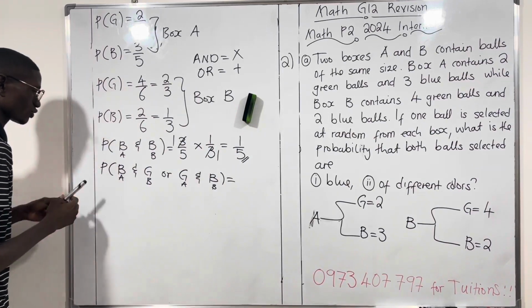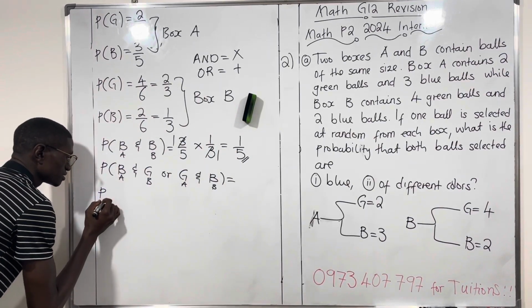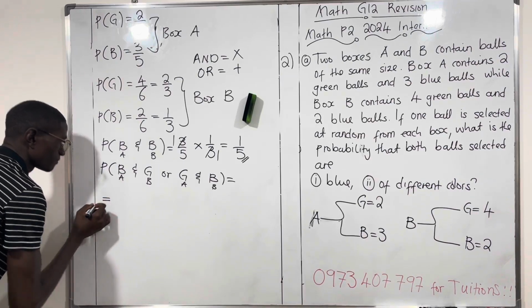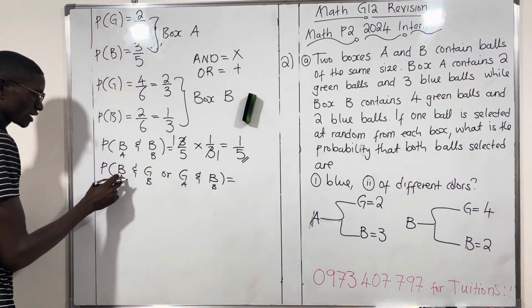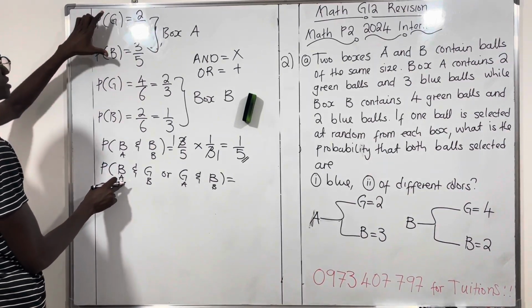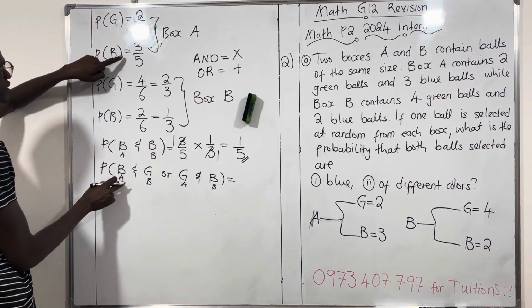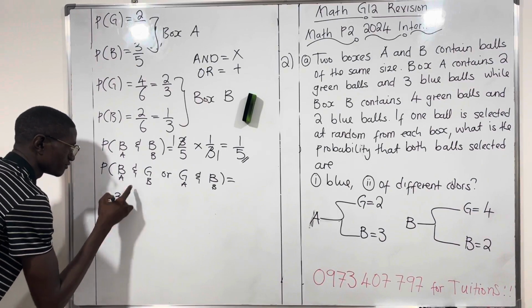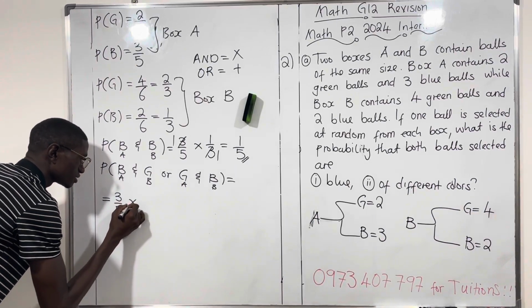So what we're going to now say is probability of, let's just put an equal sign. What is the probability of picking a blue ball from A? We come up here. These are the probabilities for A. Blue is 3 over 5. So I'm going to say 3 over 5. There is an and there, meaning multiplication.